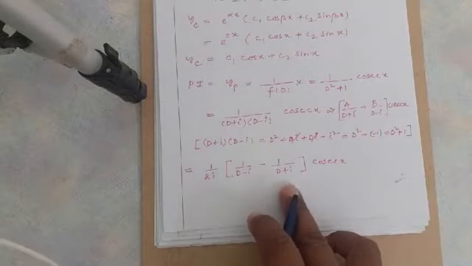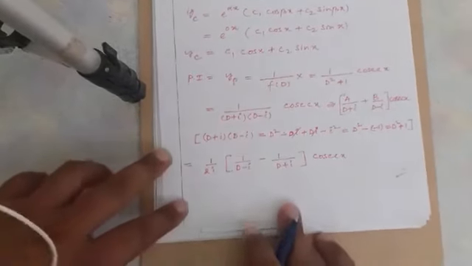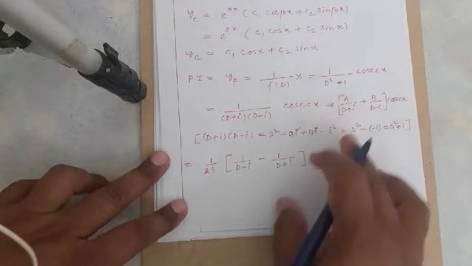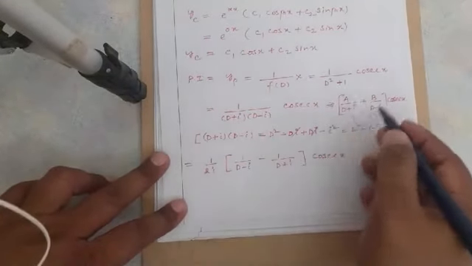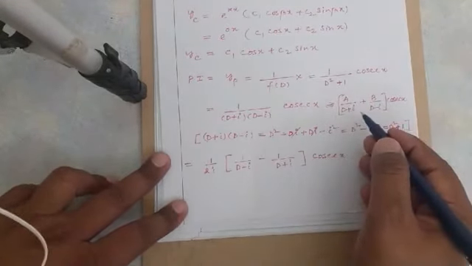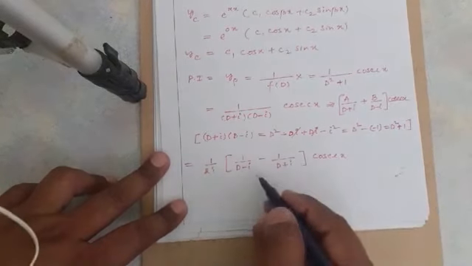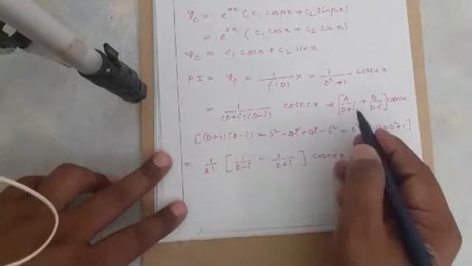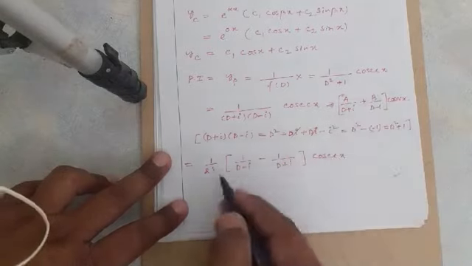If you want, I can solve how to find A and B by using partial fractions on the next page after this problem. I'll show you how we got this. So this is capital A and capital B, and after finding them, you get this.